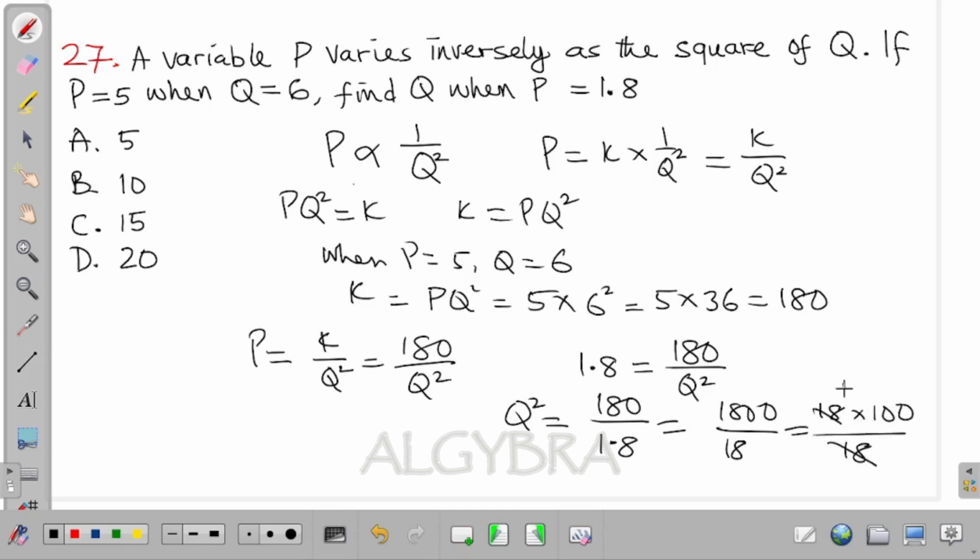So I can cancel out this 18 such that Q squared is equal to 100. And if I take the square root of both sides, I'm going to have that Q is equal to 10. So therefore, option B is the correct answer out of the options.